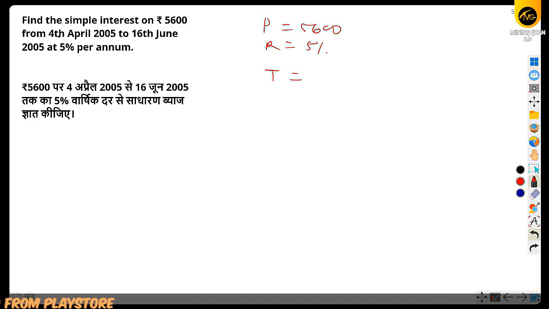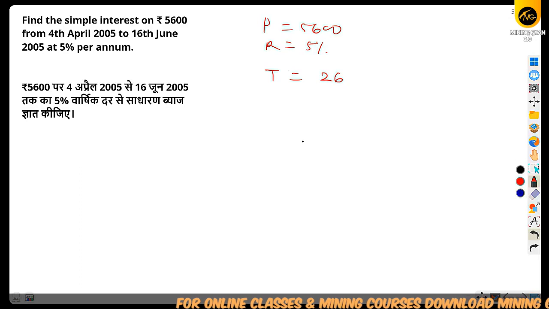So we have from 4th April 2005 to 16th June 2005. With 4th April, now we have to count the remaining days in April. We are already on the 4th April, so the remaining days in the April month are 26 days, because how many days are there in April? 30 days.